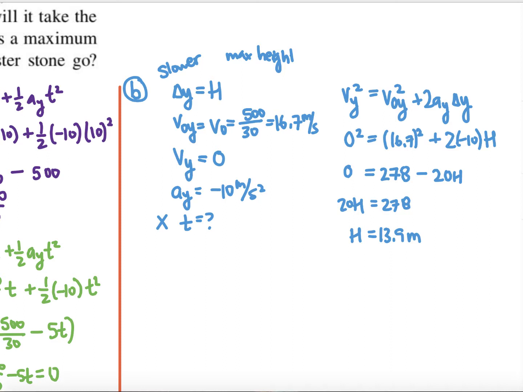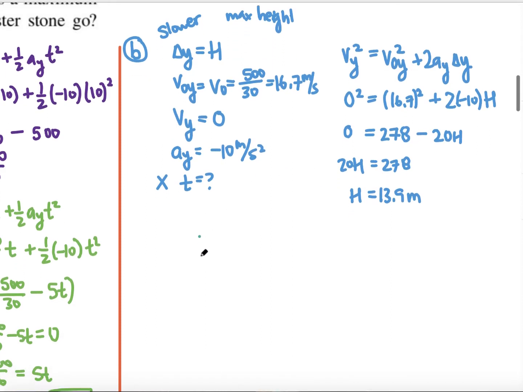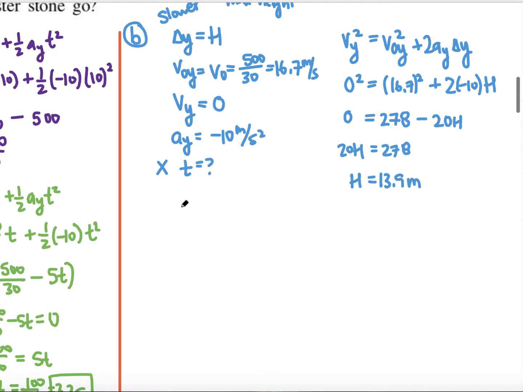Now we need to translate this over into the faster rock. So the faster rock is going to have an unknown delta y. I don't know how high it goes. It's going to have an initial speed of 3 times v initial.